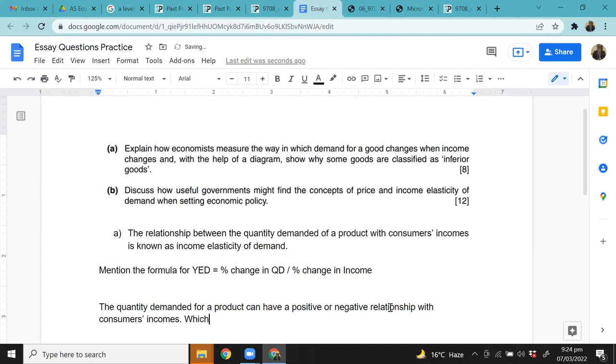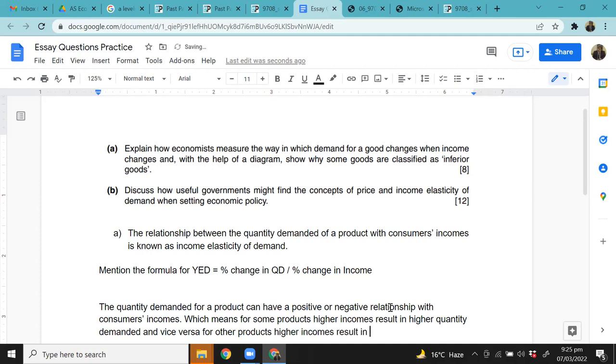Which means for some products, higher incomes result in higher quantity demanded, and vice versa for other products, higher incomes result in lower quantity demanded. Right? Now think about this.